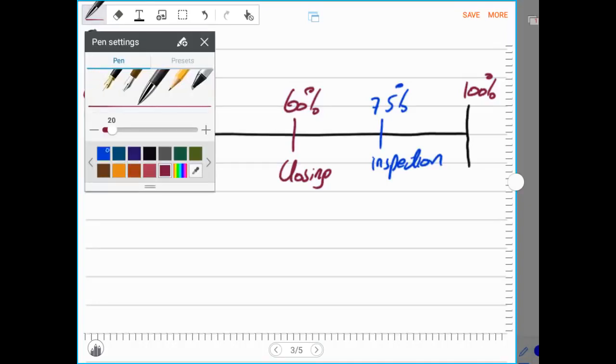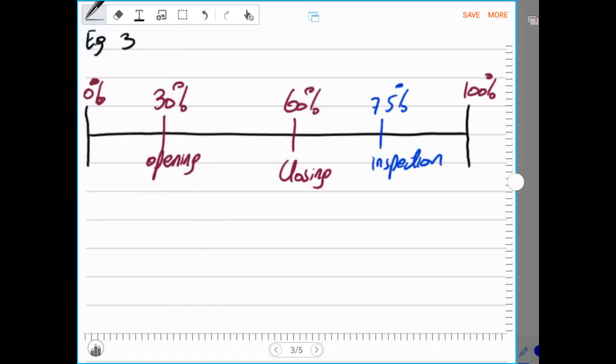So now let us check if things are working out in terms of testing. Did the opening or the closing pass the point of inspection?